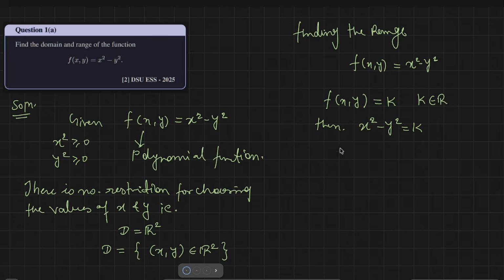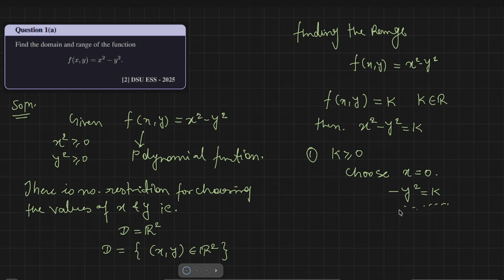Now from here I can take case number 1. For case number 1, I can take k is greater than or equal to 0. It means k is a non-negative number. So choose, let's say, x is equals to 0. If we choose x is equals to 0, what will you get? Minus y square is equals to k. But it is creating a problem.